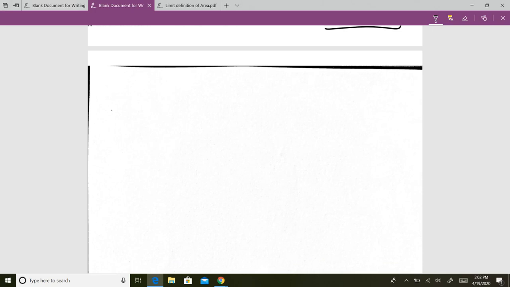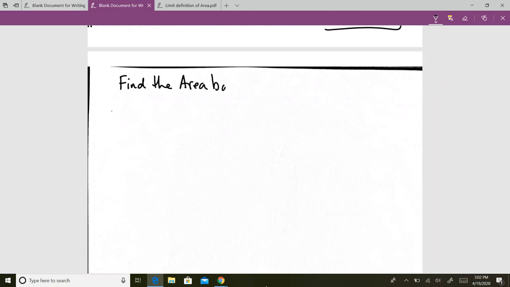So find the area bounded by y equals x squared plus 1, x equals 1, x equals 2, and the x-axis.